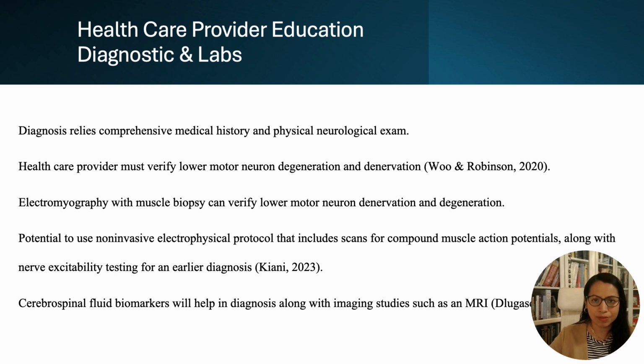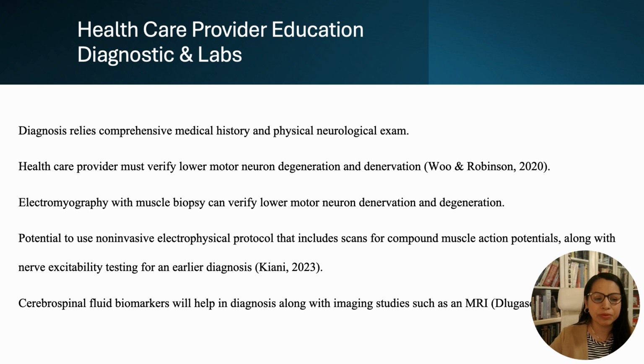As technology improves, it is now being shown that there is a non-invasive electrophysiological protocol that includes scans for compound muscle action potentials, along with nerve excitability testing, as an early marker for diagnosing ALS, which is wonderful for patients, but it's twofold. So we have to be careful with that, and with doing that for patients that have not been diagnosed with ALS, such as family members that come to you for genetic testing and want those tests as well.